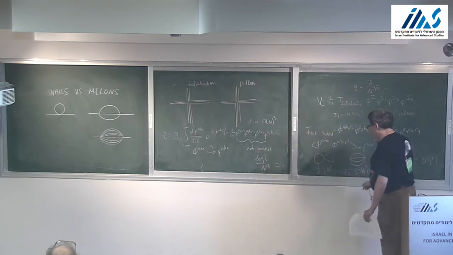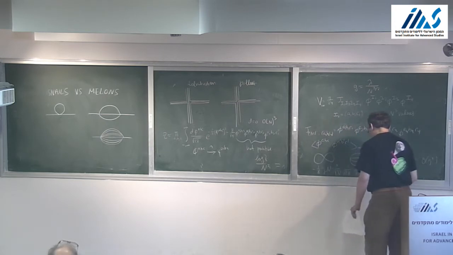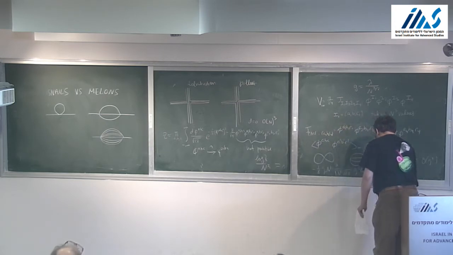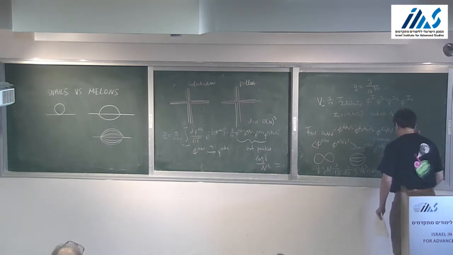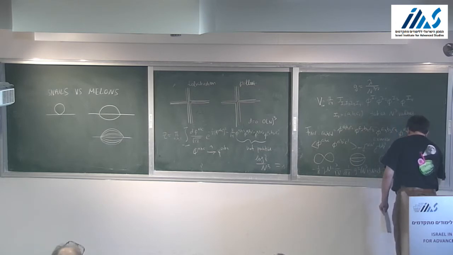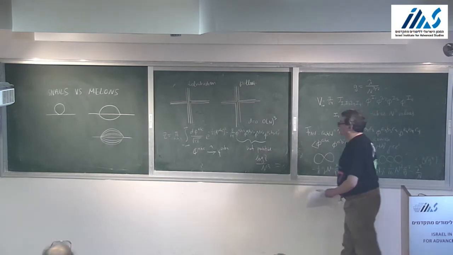So then you see that this diagram will become like lambda over root N. This just goes like lambda squared, and this one goes like lambda squared over N. These are just the leading pieces. Then there are also sub-leading pieces.